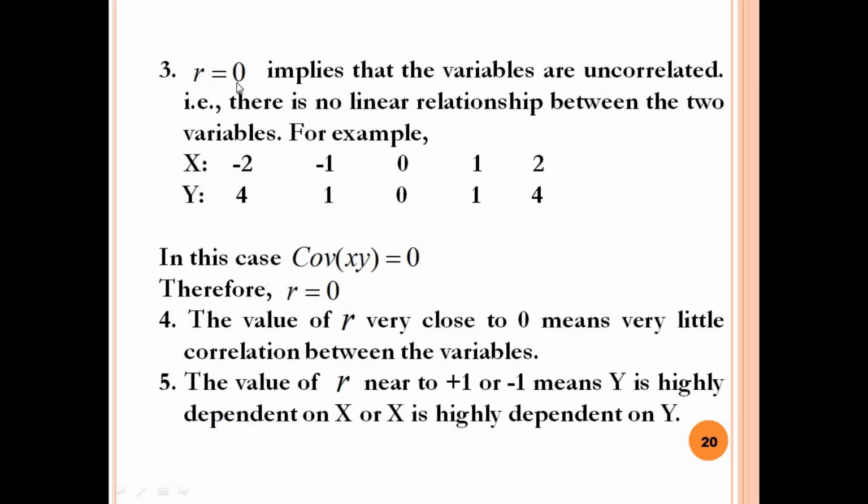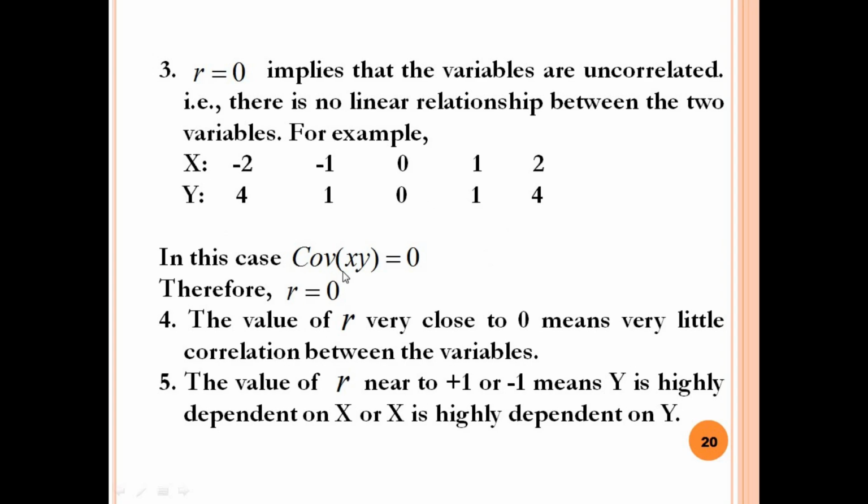What is r equal to 0? How we can interpret if r equal to 0? This means that the variables are uncorrelated. That means there is no linear relationship between the variables. For example, here you see x equal to -2, -1, 0, 1, 2 and y 4, 1, 0, 1, 4.